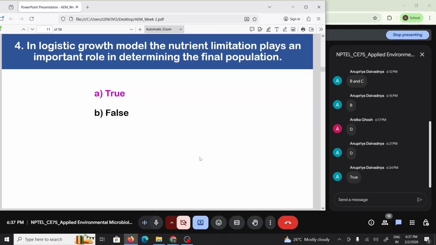If you have 100 milligram of some substrate compared to 200 milligram of substrate, there is going to be a difference in the growth of that microorganism. That is what the statement explains. We relate the number of cells to the carrying capacity in the logistic growth model, and the carrying capacity itself refers to the environment, including the nutrients present there. That is why this statement is true.